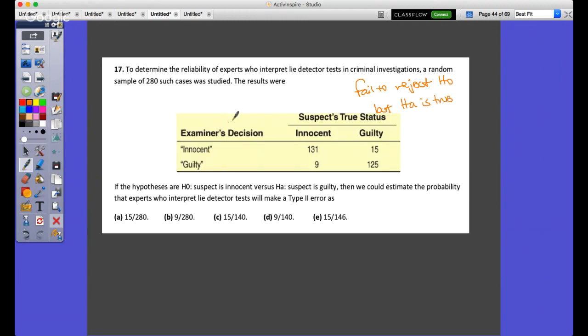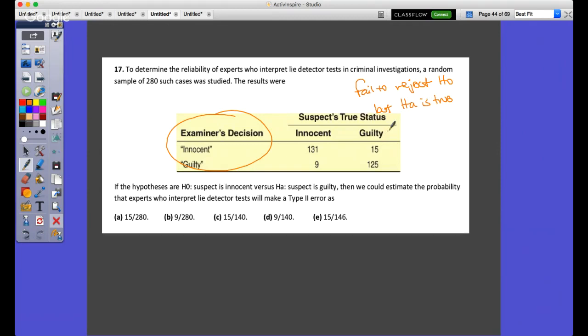Okay, so our decision would be that we failed to reject the null. Suspect is innocent, right? So we failed to reject this, but the alternative is true.